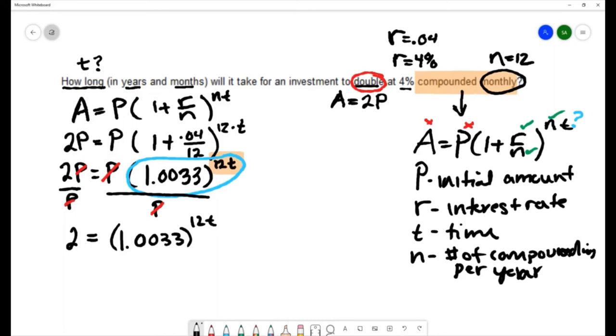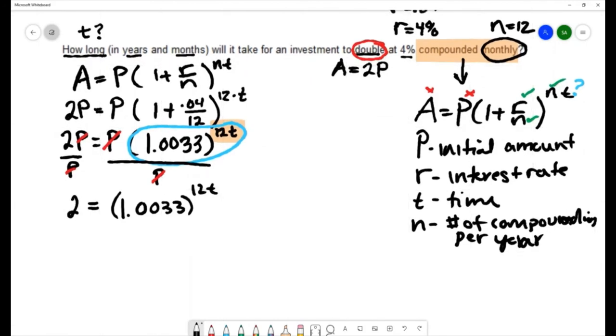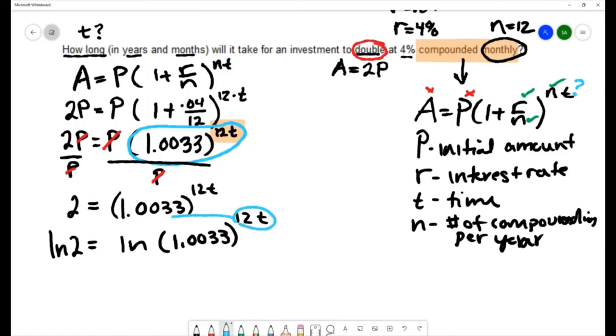Now I'm going to solve this exponential equation. The methods we typically solve with are to make the bases the same, which we can't do in this example, to convert to a logarithm, or to take the log of both sides. My preferred way is to take the log of both sides. I'm going to do natural log on the left and natural log on the right. And then I'm going to use the power rule, which allows me to take that exponent and move it to the coefficient.